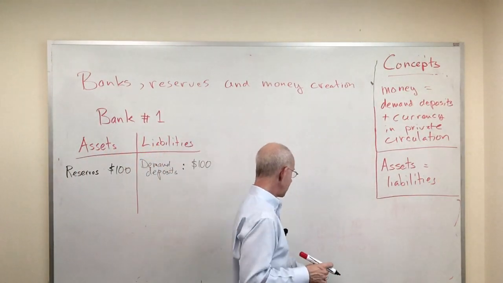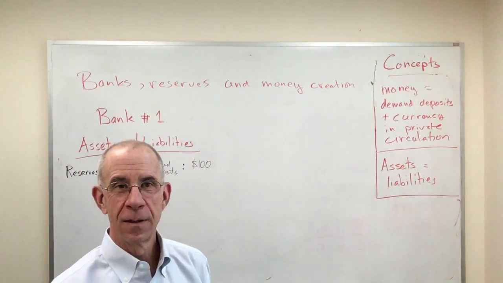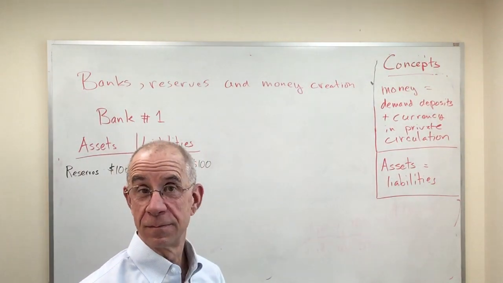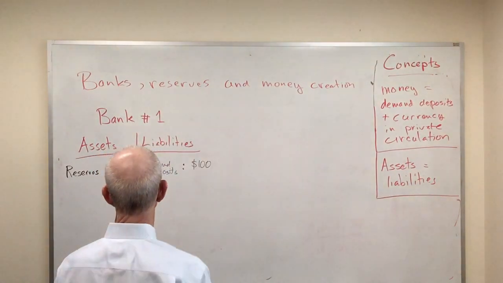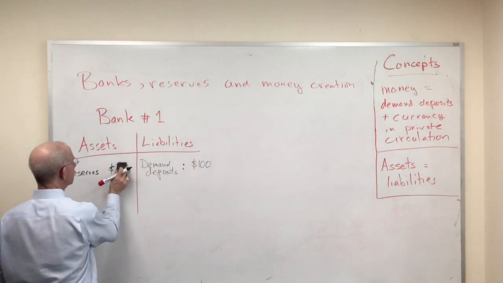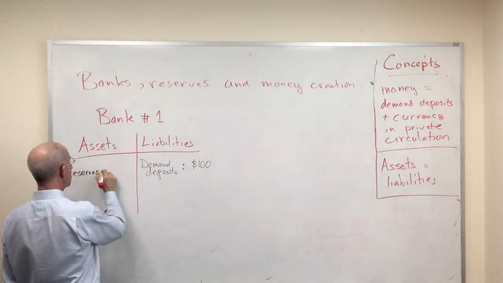Now, suppose that the bank says, well, these people probably aren't going to come and ask for this $100 this year, or not all of it anyway. And they decide to make a little money on those reserves, or on those deposits.